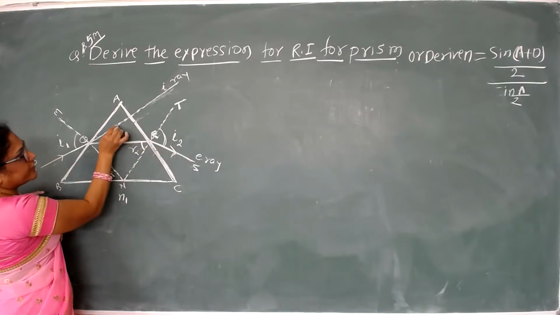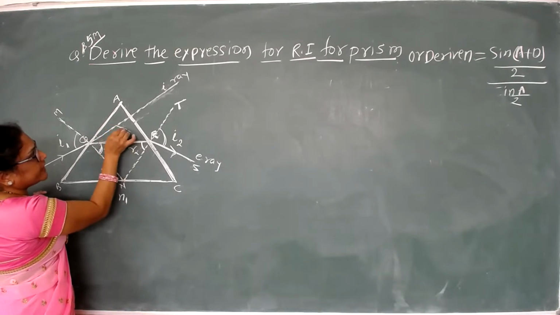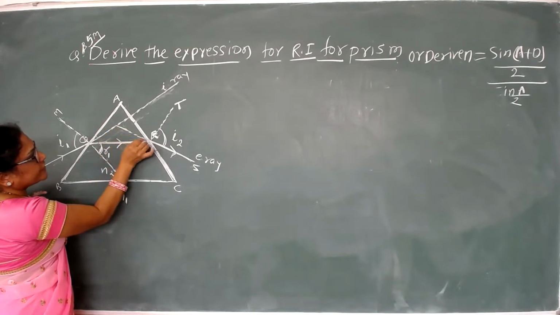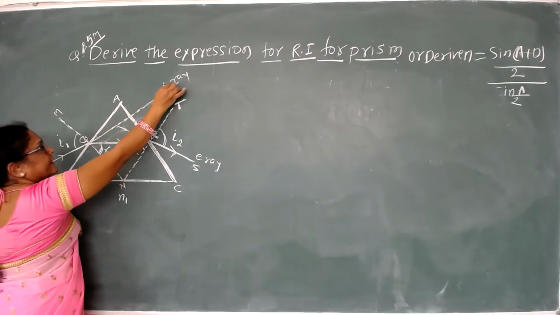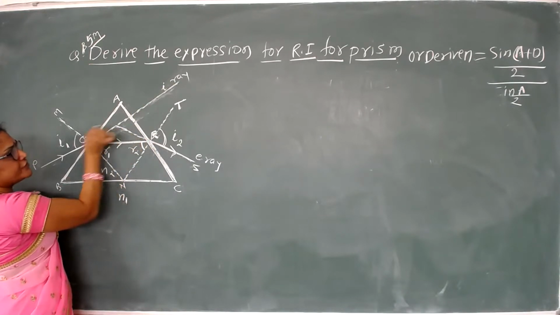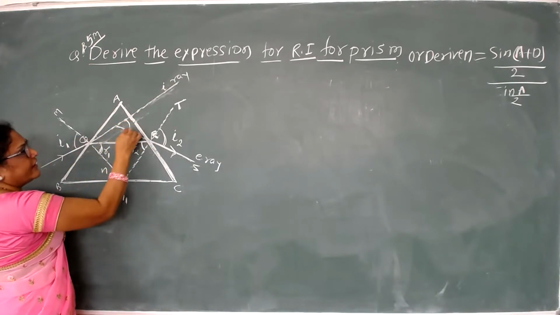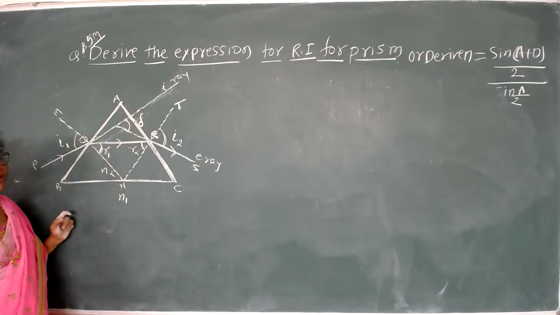So this is the incident ray, this is the emergent ray, draw a perpendicular from the emergent ray, and this is known as the angle of deviation delta.